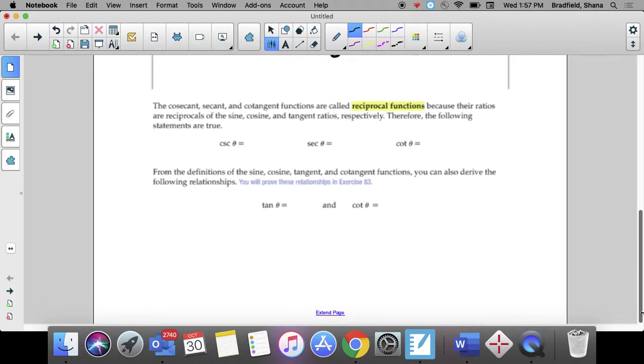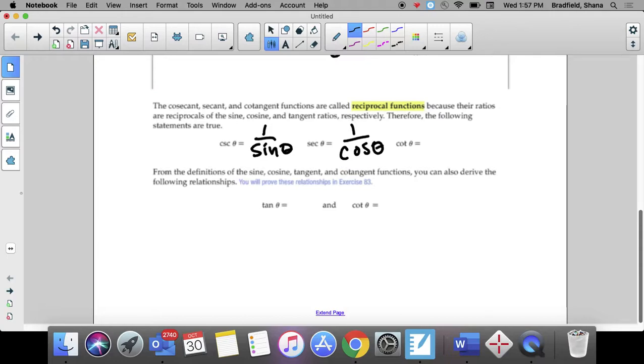So getting back to those reciprocal functions, since cosecant is the reciprocal of sine, we can rewrite that and say it's equivalent to 1 over sine theta. Secant is the reciprocal of cosine, so that would be 1 over cosine theta.